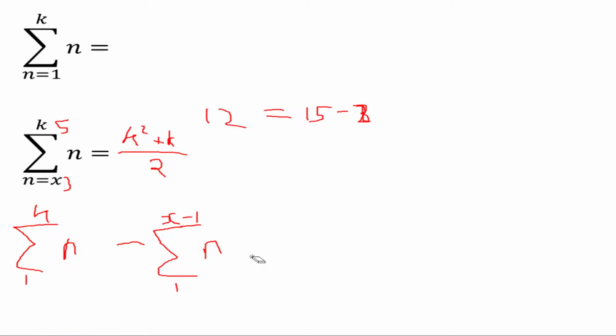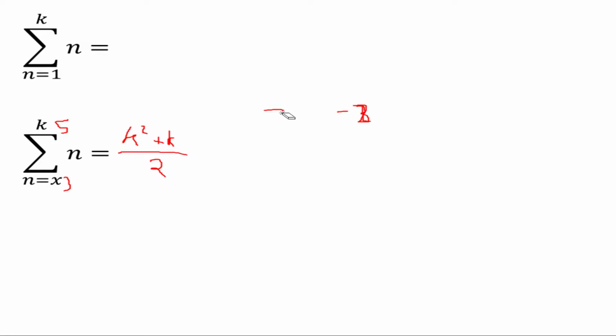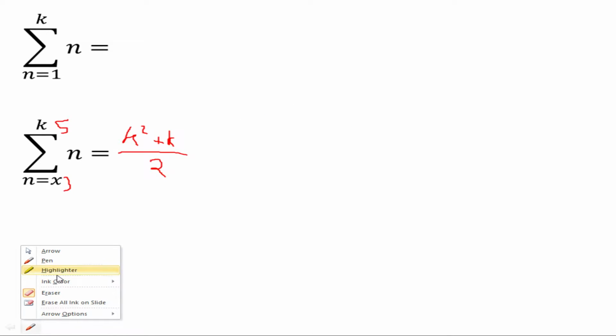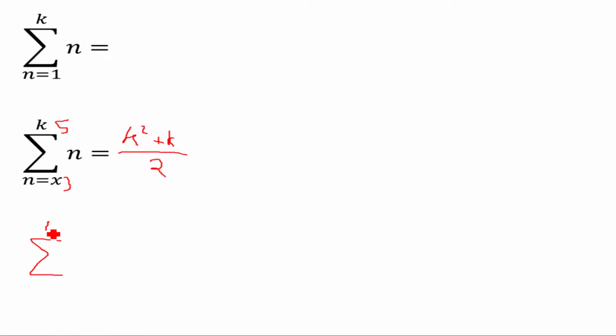So, if we're going to write this out in an equation, it will be the same, yes. It will be basically n minus, from 1 to x minus 1 with the rule of n.